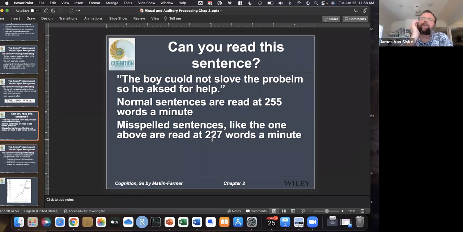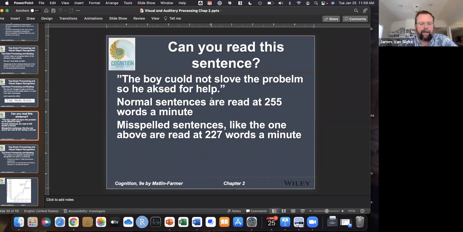So what's probably happening is that when we're reading, we're processing words at a much more complex level, at more of a meaning level, such that we're not paying a whole lot of attention to the individual spelling of each of the words. We're trying to get to the meaning. And so because of that, these don't have to be perfectly spelled. This is probably also why we have so many misspellings when we're writing and how we can miss certain words that are actually misspelled.